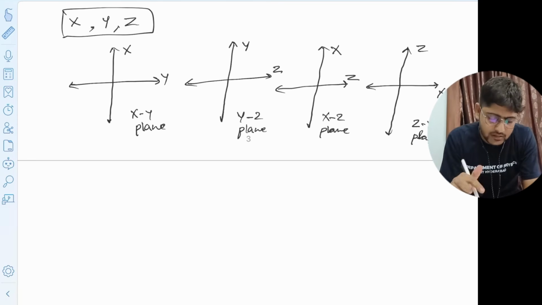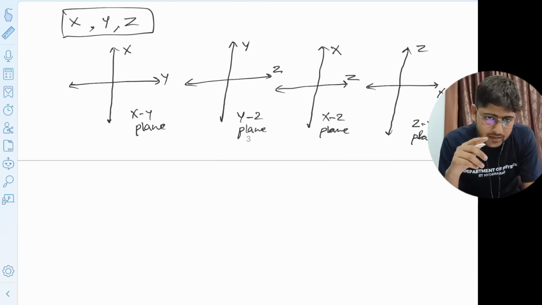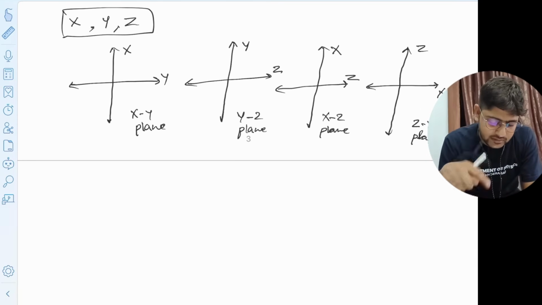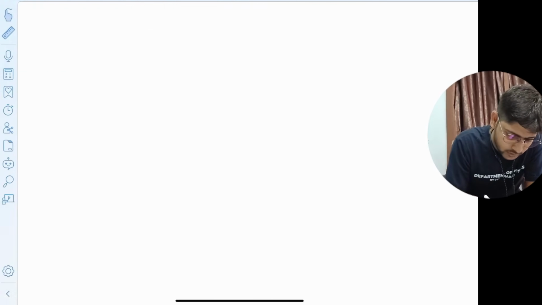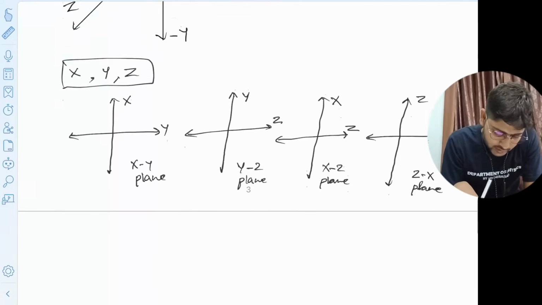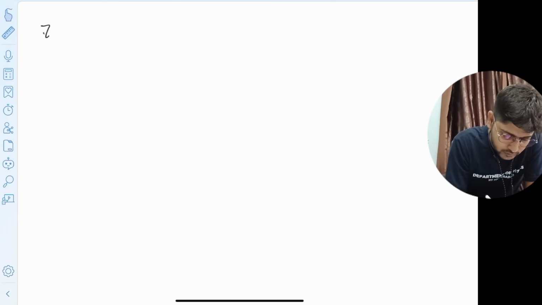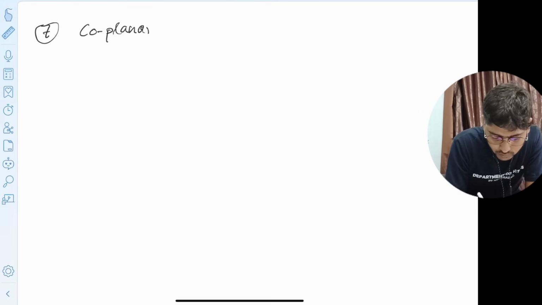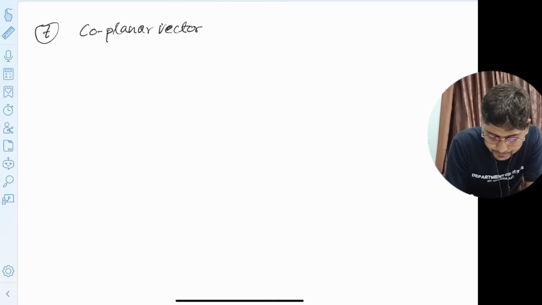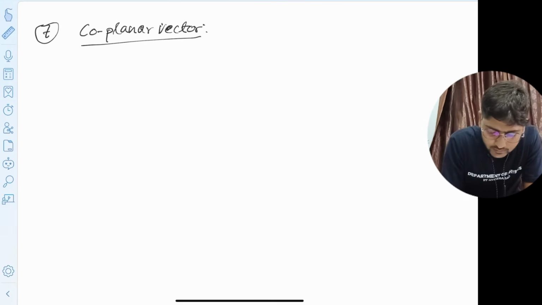Now if vectors are there, and all vectors are in the same plane, then those vectors are called coplanar vectors. So let's start here, the seventh point: coplanar vector. So what we can write?